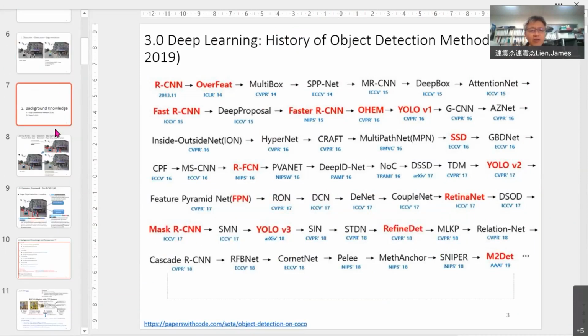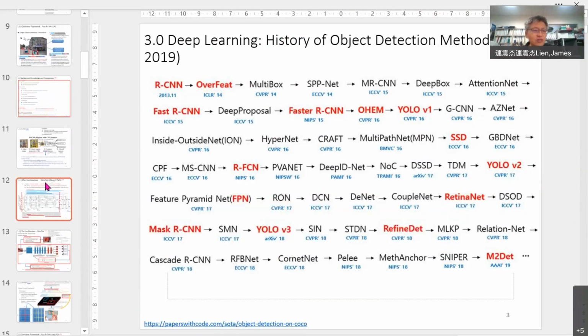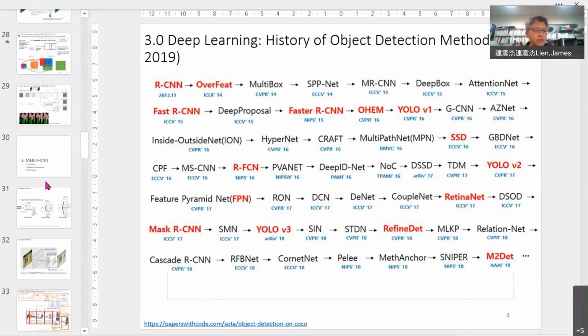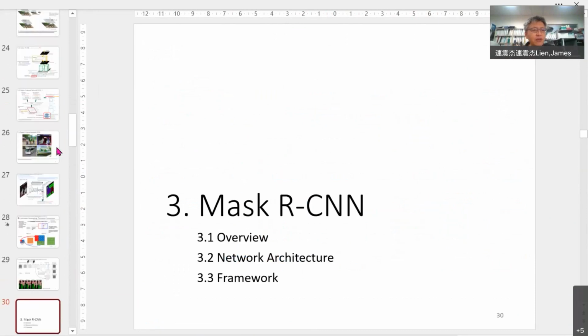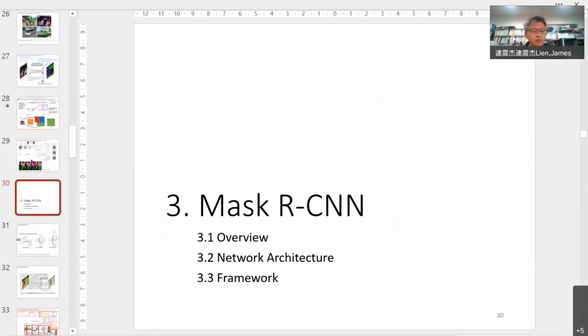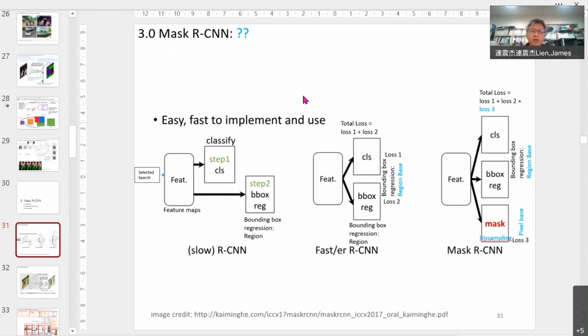The beginning is all the same as Faster RCNN, so I skip this. We'll start from page 30. First, the region-based RCNN uses computer vision for object detection, and then based on the object, it does feature extraction, and then classification and finds the bounding box.